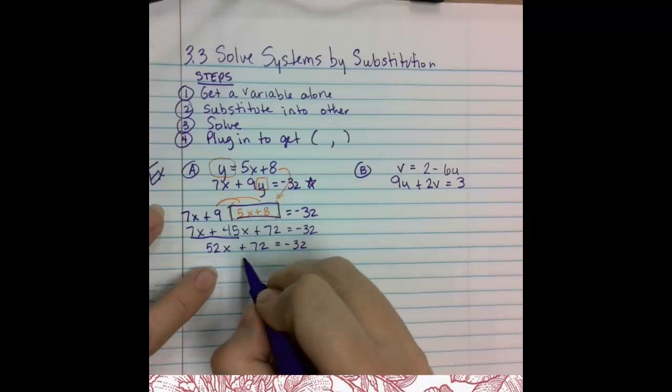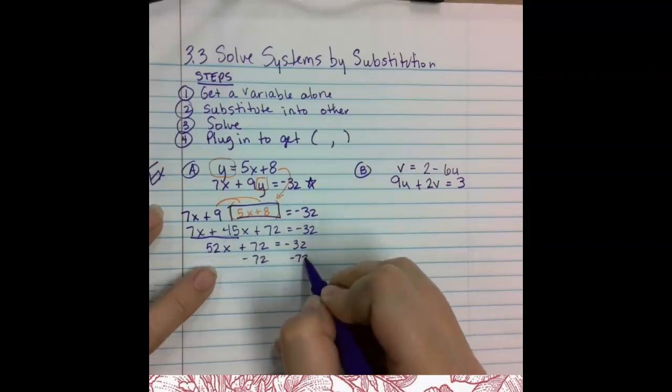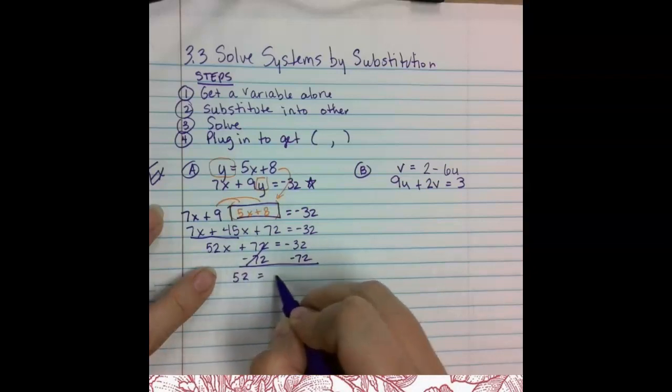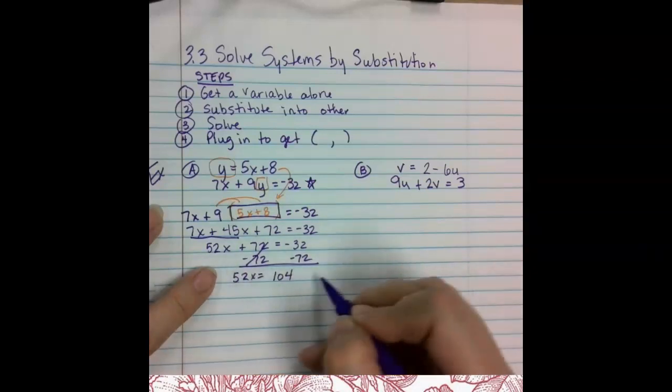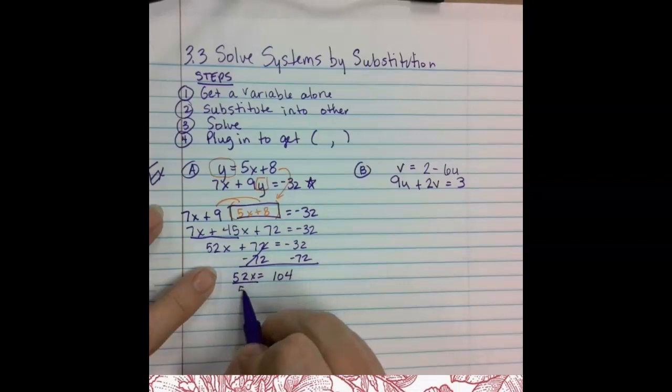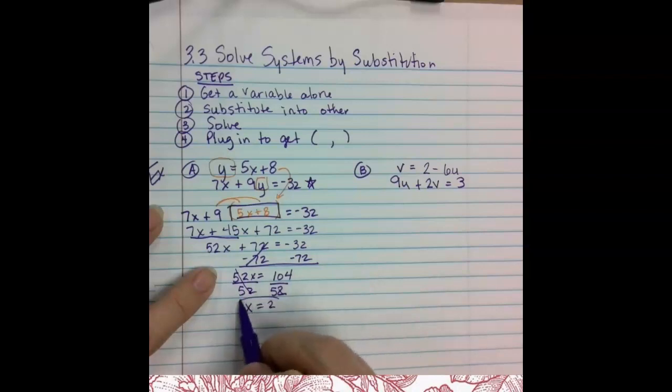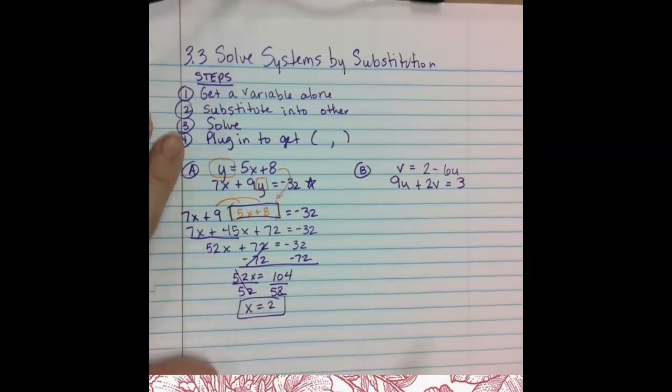Then I can minus the 72, so this cancels, and I get 52x equals negative 104. Then divide by 52. This cancels, and I get x equals negative 2. So that was step 3, solve.